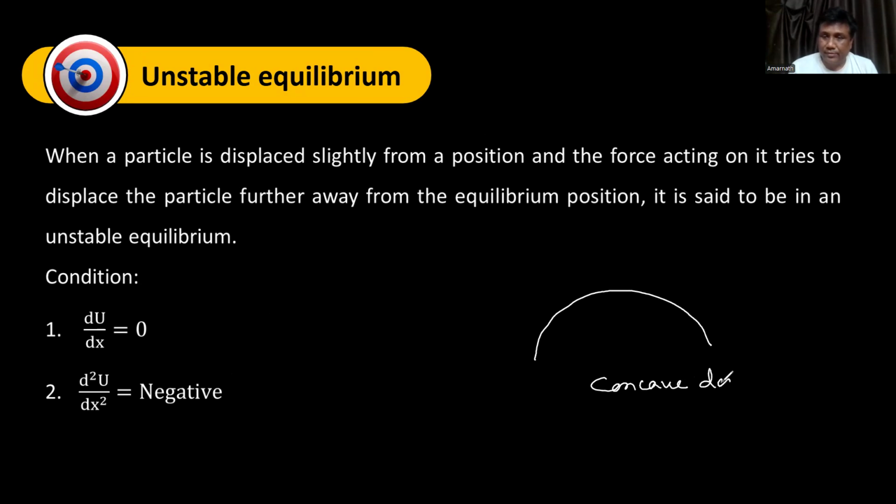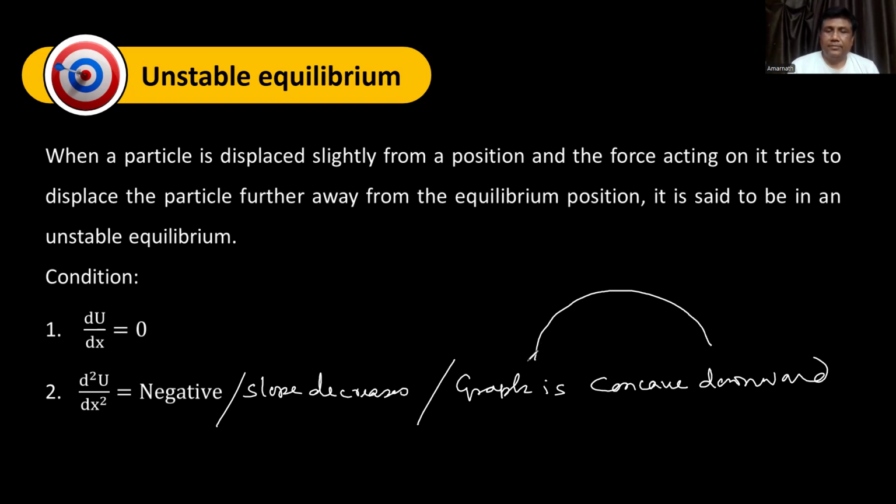It is called concave downward. You can say the slope is decreasing. Please write down: slope decreases. Here the slope is zero only. The slope is negative like this. Please copy all these things properly.